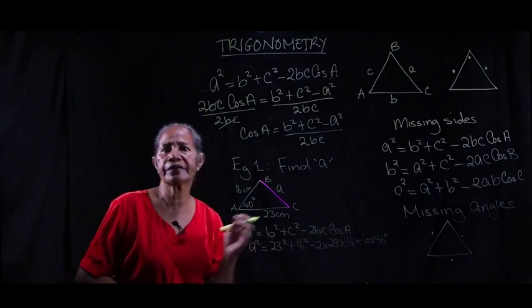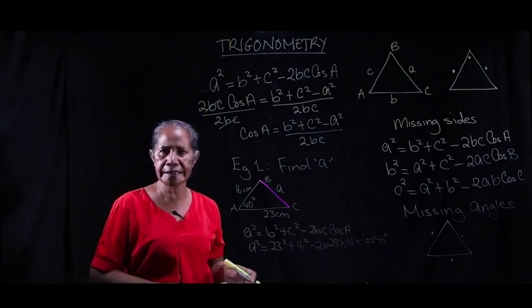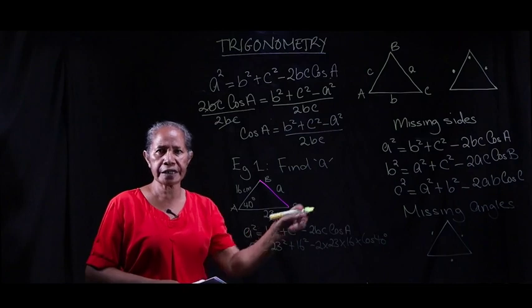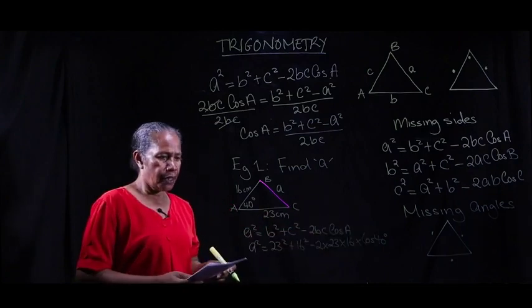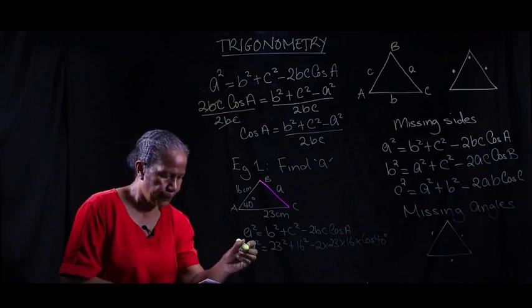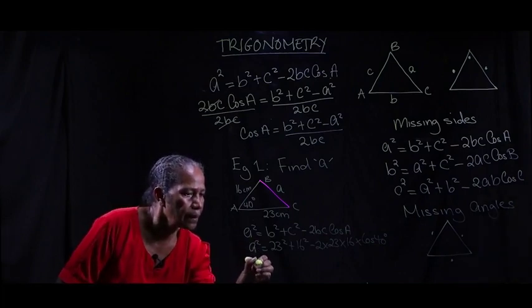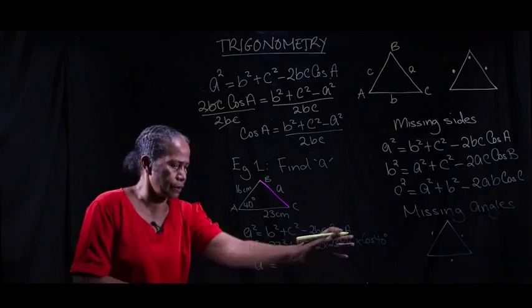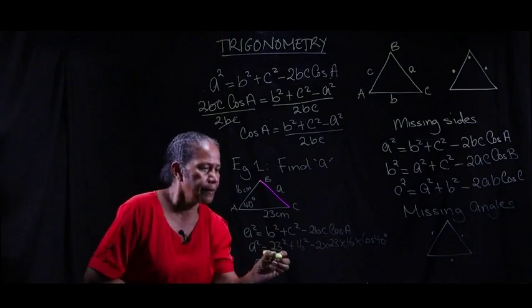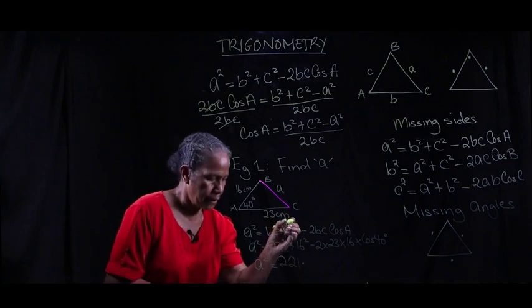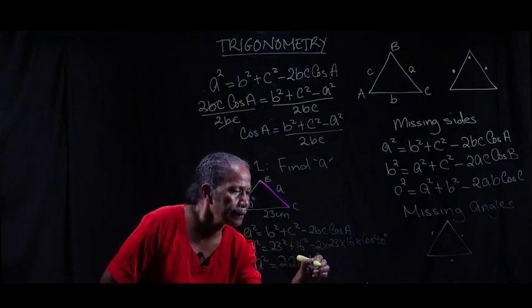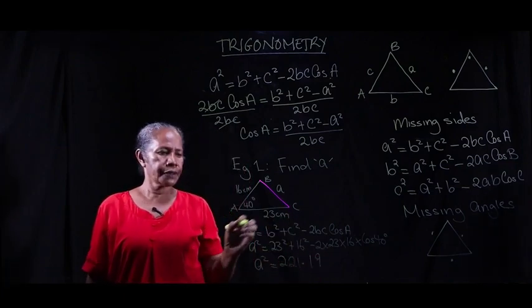This cos 40 degrees, you get it from your calculator. So when you press cos 40 degrees, the value will show, and then you can do the calculation. So A squared is equal to 221.19.